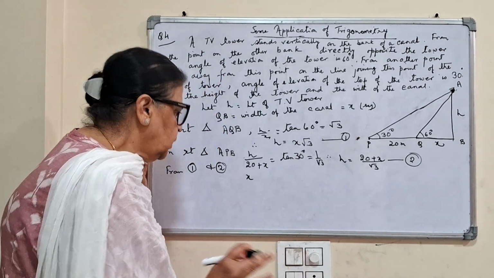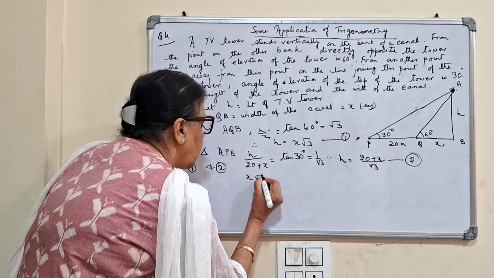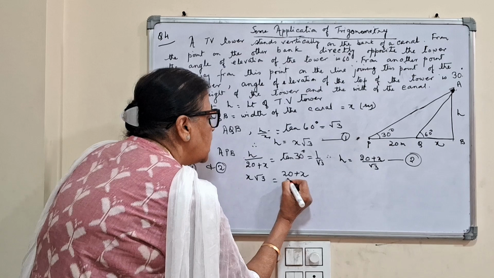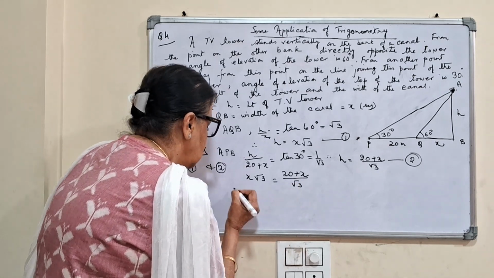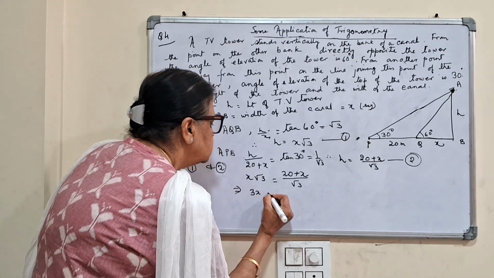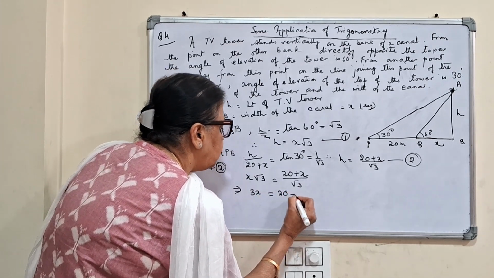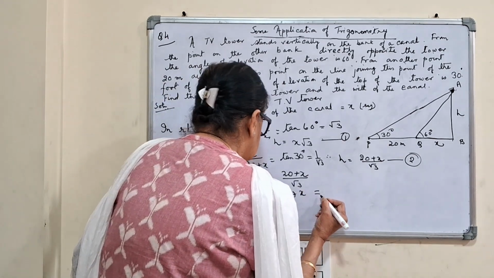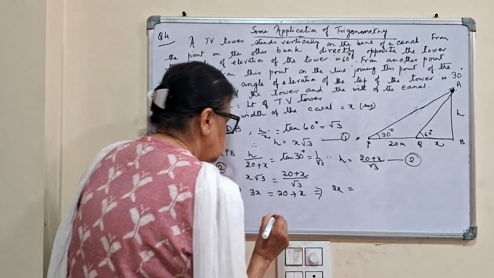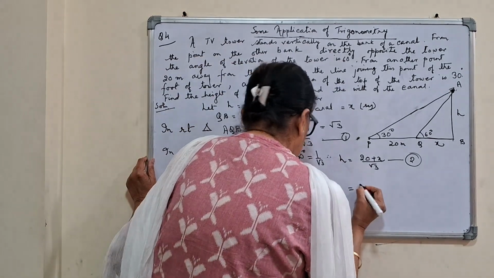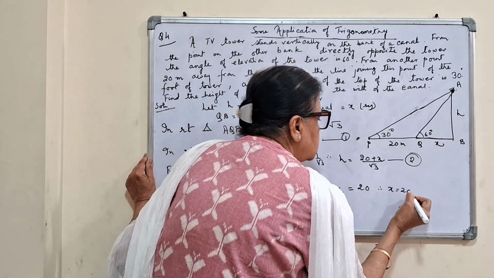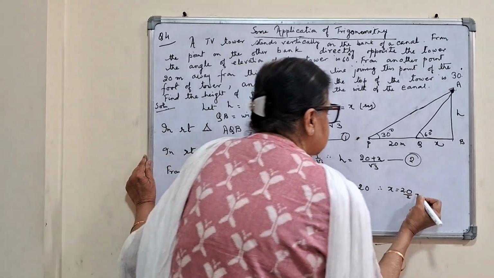That is X root 3 is equal to 20 plus x divided by root 3, which implies 3x is equal to 20 plus x, so 2x is equal to 20. Therefore x is equal to 20 by 2, that is 10 meters.